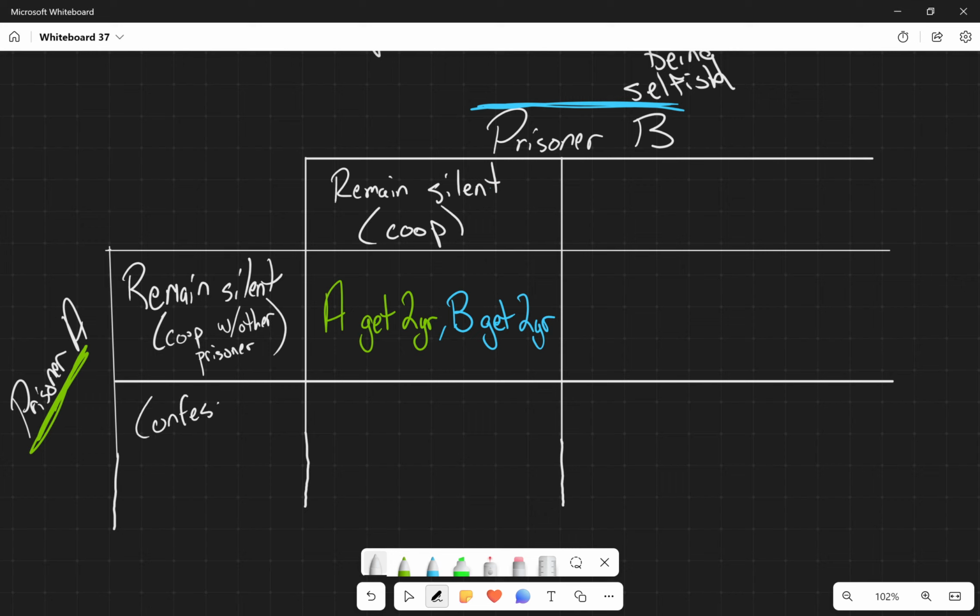So confess would be to not cooperate with the other prisoner. And so if you were to confess as prisoner A, but prisoner B were to remain silent, well, you would get a deal of 1 year, while your co-conspirator would get 8 years.